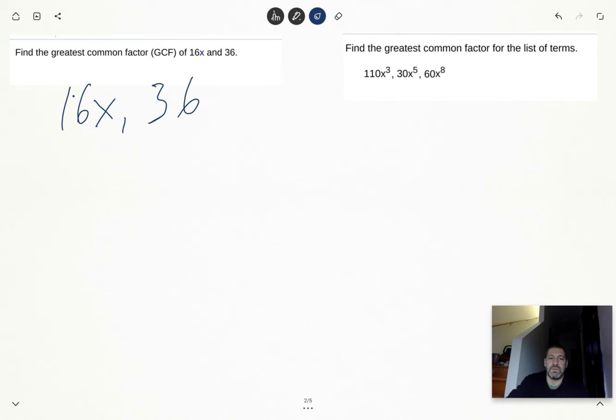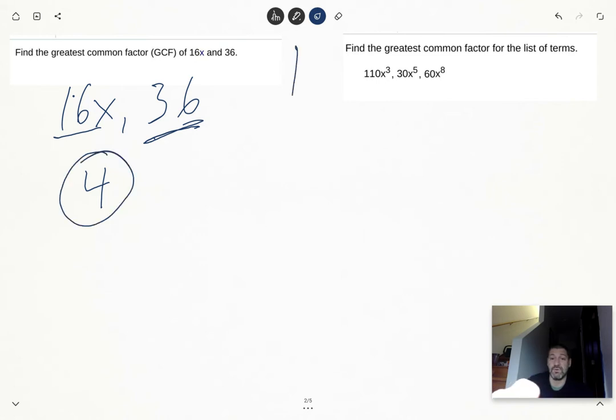The largest number I know that goes into both would be 4. 2 goes into both of them, but that's not the greatest common factor. The greatest common factor would be 4. And then the greatest number of x's. This term has an x, this term does not. So x is not common to both. My greatest common factor here would be a 4.